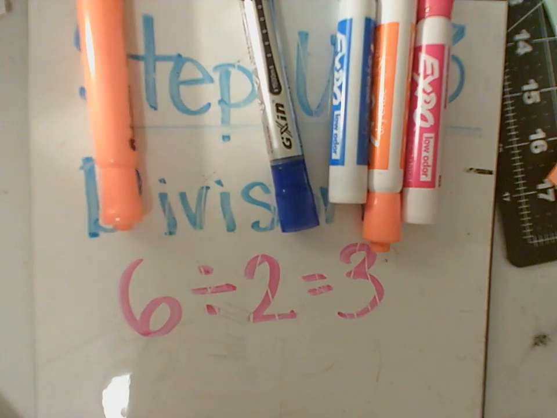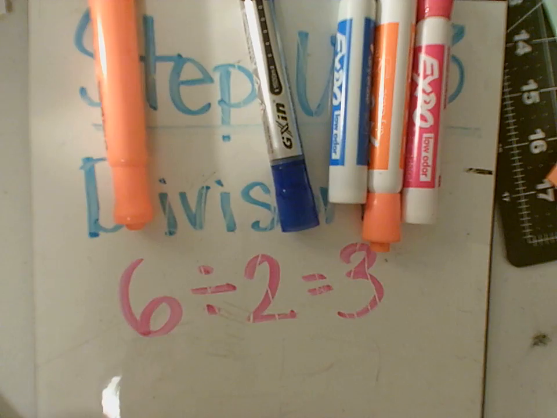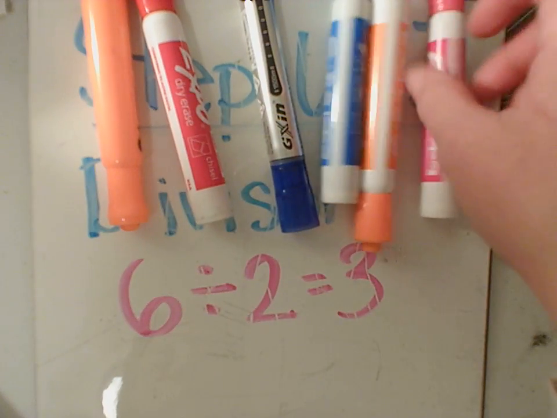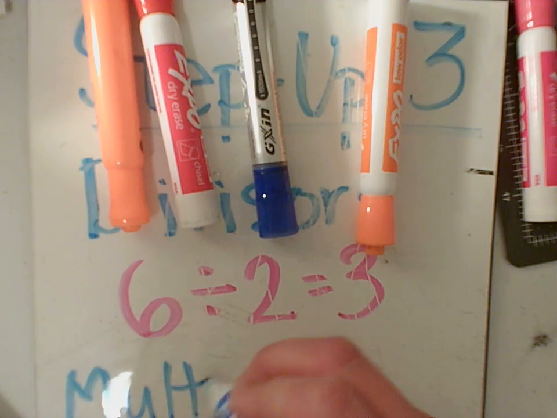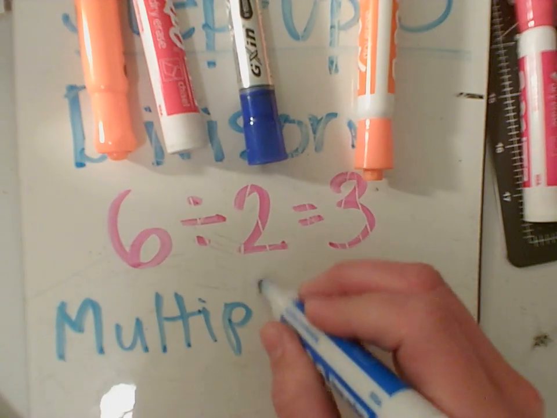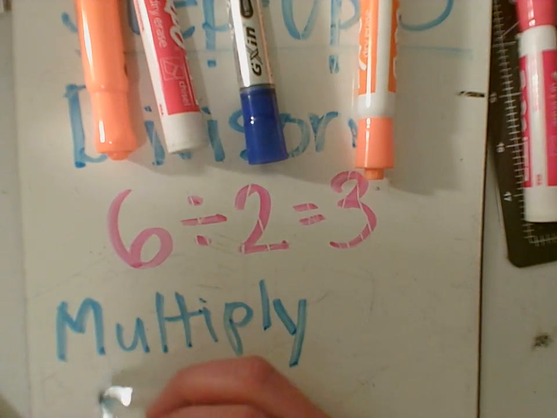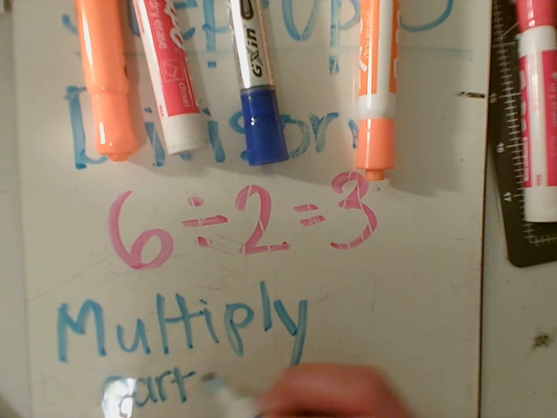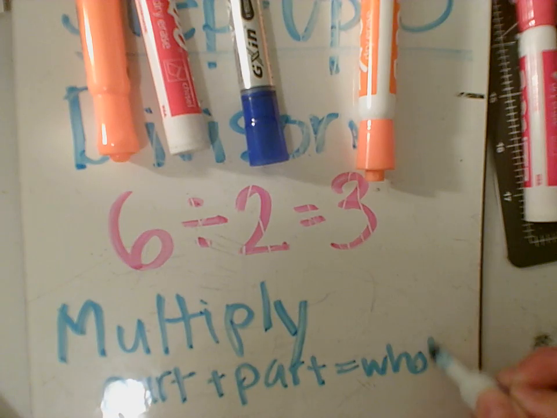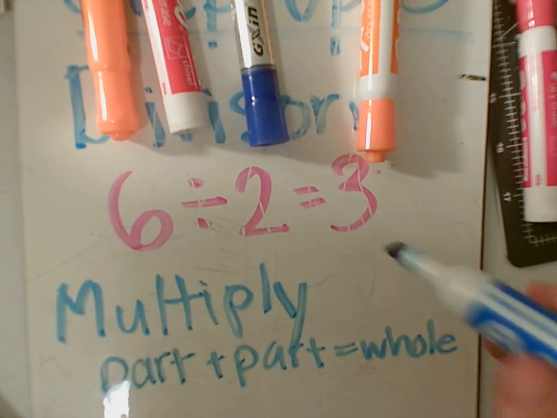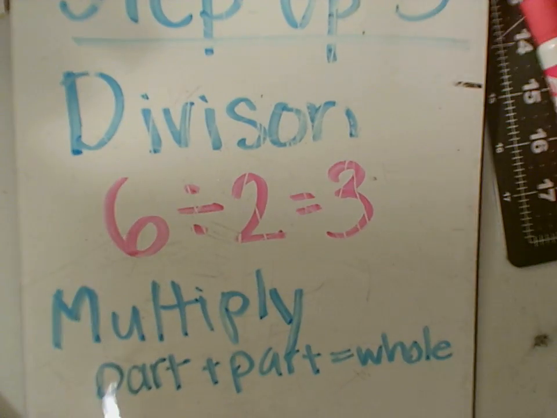So as we talked about yesterday, when we multiply, we know it's a part, like addition, plus a part equals a whole. So in division, it's similar to our subtraction.